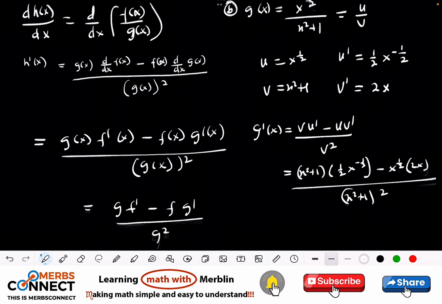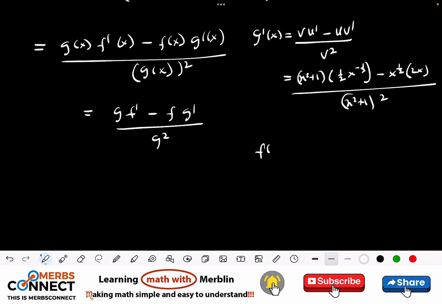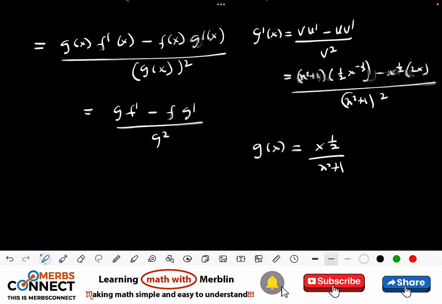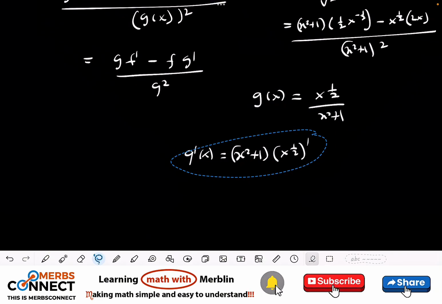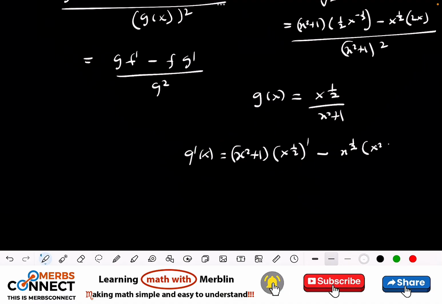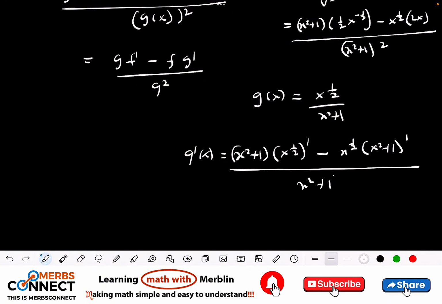Right. But if you can just watch the function g of x is equal to x to the power 1 over 2 divided by x squared plus 1, then somebody can just watch the equation and say, okay, first I need to maintain the denominator, right? So I maintain the denominator x squared plus 1, differentiate the numerator, right? Then minus, now I maintain the numerator and differentiate the denominator, divided by the denominator squared.